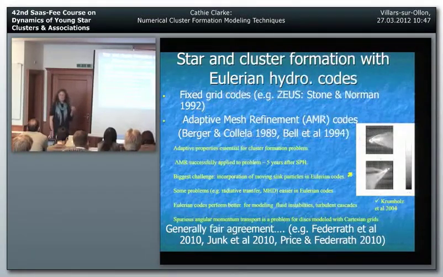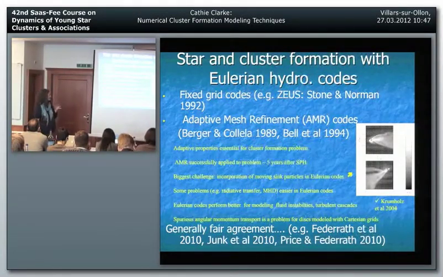Obviously, SPH does that automatically. SPH is conceptually a lot simpler. It got going in this area first, but AMR is definitely catching up, and for some problems, it's much easier to implement some physical effects in AMR than it is in SPH, and vice versa. So, I think it's a great situation now that we've got two independent methods doing the same problems.